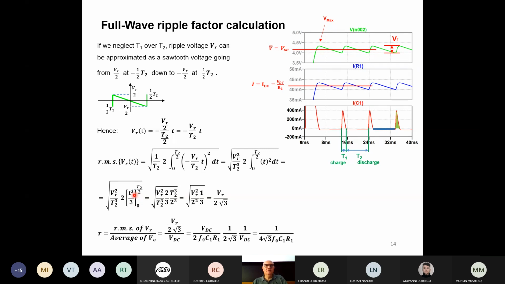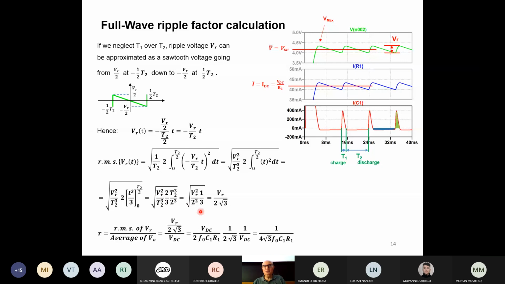Okay? That's the primitive. We have to calculate between T2 over 2 and 0. The 0 gives 0, so we only have the cube of T2 over 2 at the third power, 2/3 which comes from here, and what is coming from before.